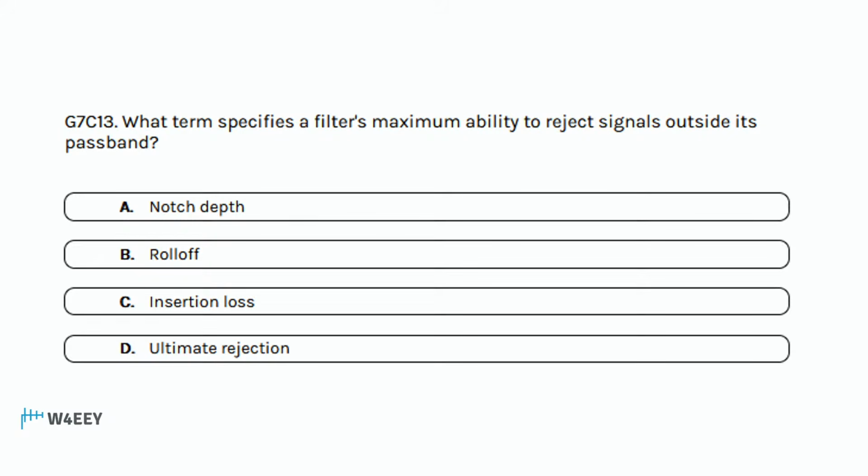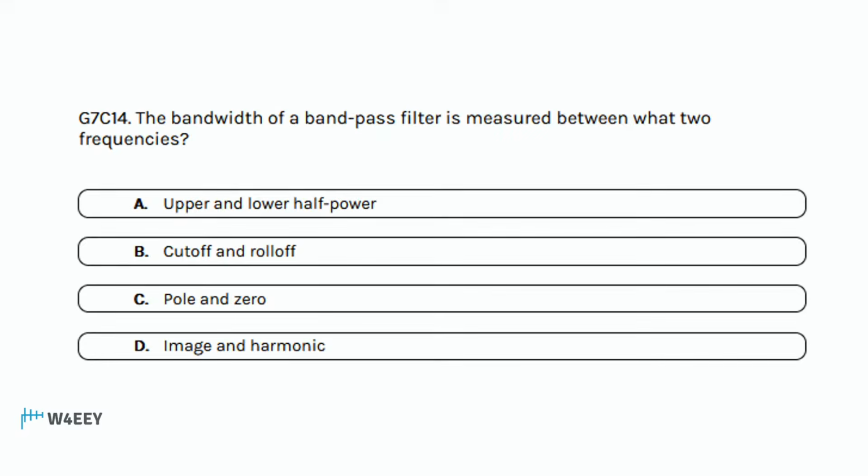Yeah, ultimate rejection. I feel for you. That was me too. All right. The bandwidth of a bandpass filter is measured between what two frequencies? Bravo. Not Alpha. It's the upper and lower half power points. Now, interestingly, cutoff is the half power point, but I don't know what roll off is.